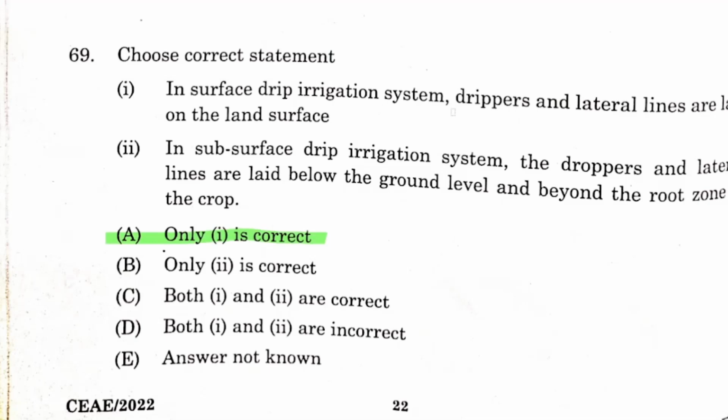Next, in a subsurface drip irrigation system, the drippers and lateral lines are laid below the ground level and beyond the root zone of the crop. So here only option number first is correct.